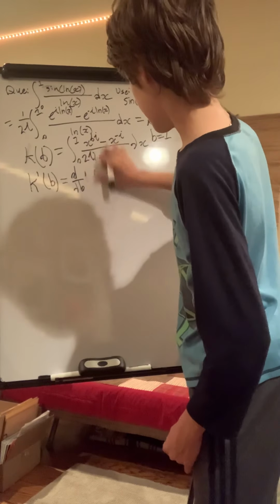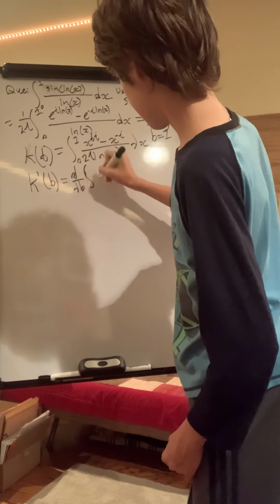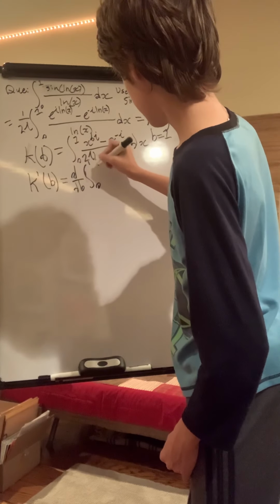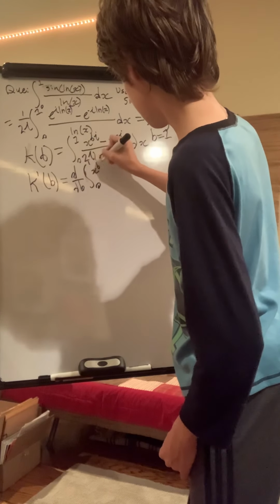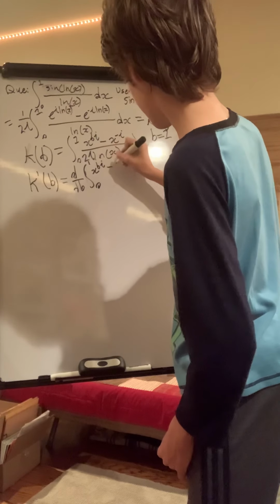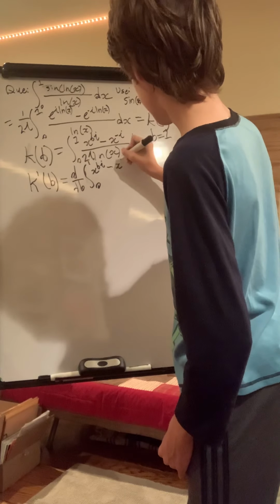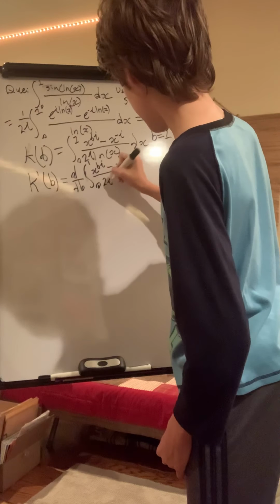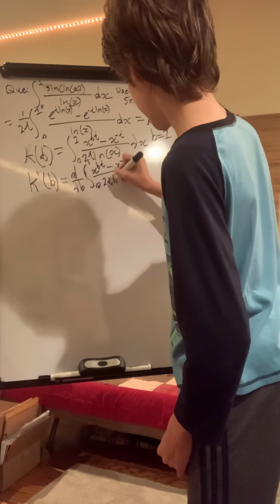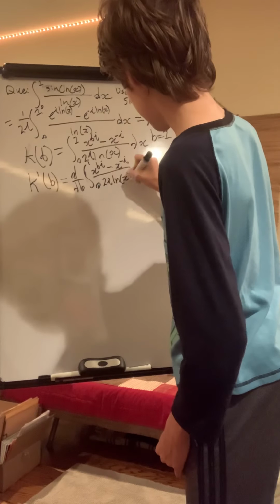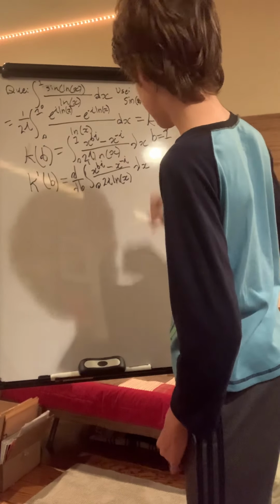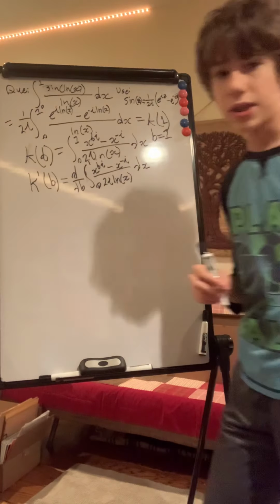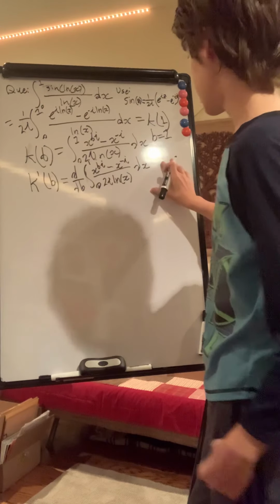We'll write it directly as our integral: x to the bi minus x to the negative i over 2i ln x dx. Okay, so this is what we have right now.